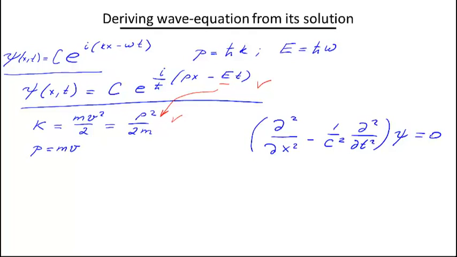Now, if we plug either of these expressions into this equation, and you can check it as an exercise, we're going to get the familiar relation between the frequency and the wave vector that I wrote in the previous slide, or the analogous expression for the energy and the momentum. But it would work for electromagnetic waves. It would work for photons, which are quantum electromagnetic waves.